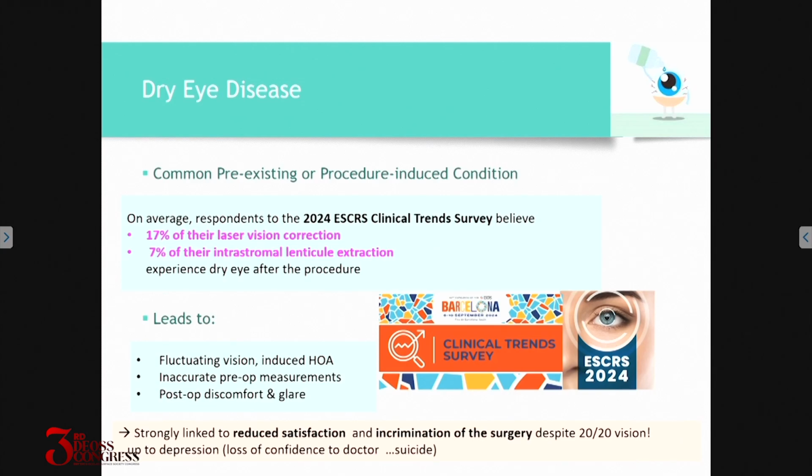That can even lead to depression, even to suicide, and of course, obviously, a loss of confidence in the doctors. So that's truly a public health problem around the world. The key factor is definitely the lipid layer with MGD, because it contributes to the evaporation of the tear film. That will increase with age.